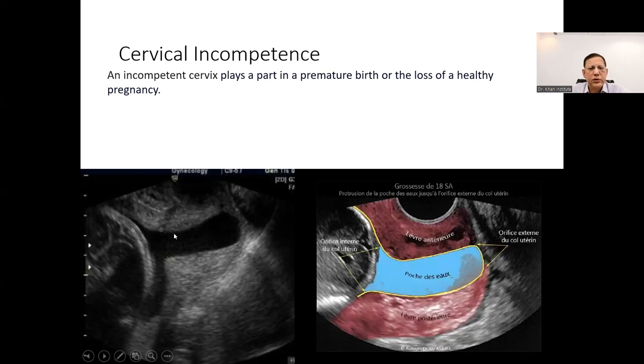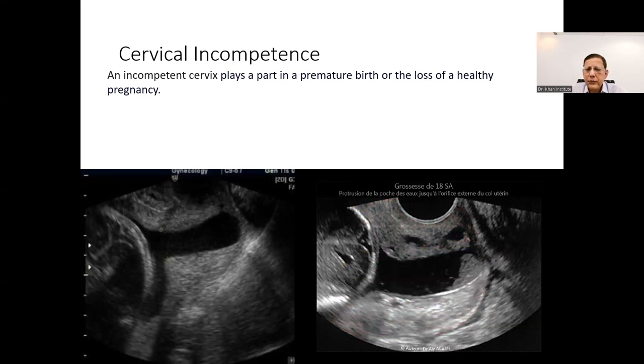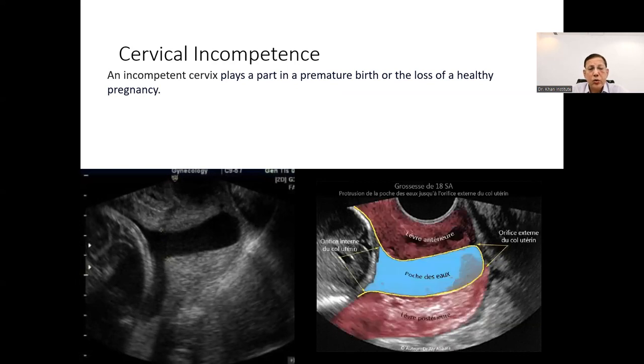Most commonly they use the Shirodkar stitch, but some other suturing techniques are also available. After suturing, even if it is short, the internal os will not open, the cervical canal will remain closed, and it will bear the pressure till term, and the baby might be precious.